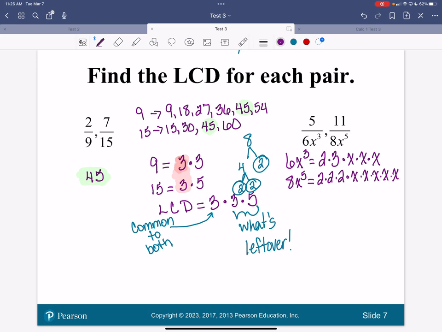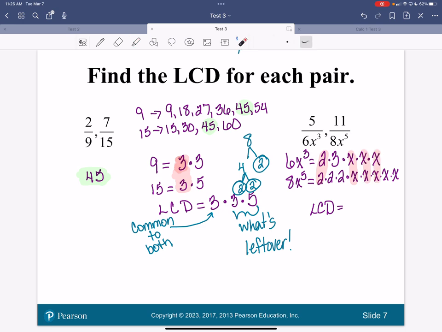Okay? Now, my LCD, first thing I'm going to write down is everything that's common. I've got a 2 and a 2 that's common. Then I've got x, x, and x that's common.